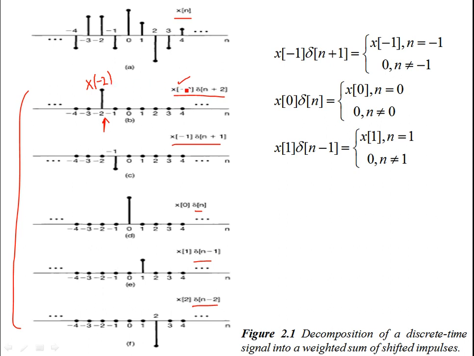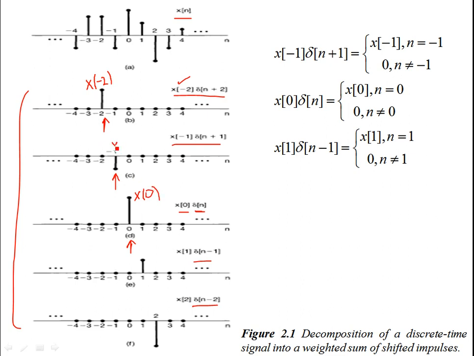At each impulse, for example delta n plus 1, which exists at n equal to minus 1, the sample only exists at n equal to minus 1. Similarly, there is delta n at n equal to 0, and the corresponding scaling, the amplitude, is x of 0.